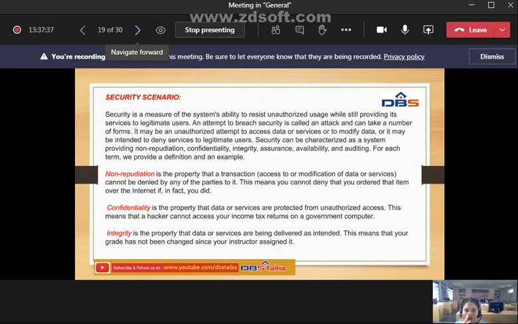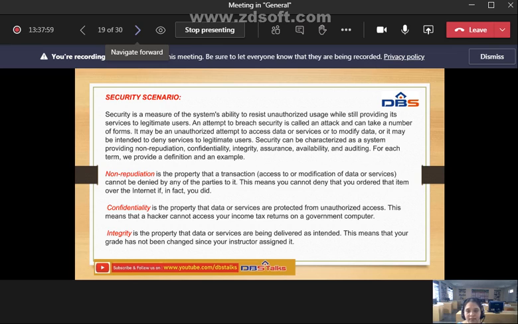Confidentiality means we can send some secret data and we need to maintain confidentiality and secrecy, so it is not known by a third person. The sender sends something to the receiver, and while sending it we need to maintain confidentiality.